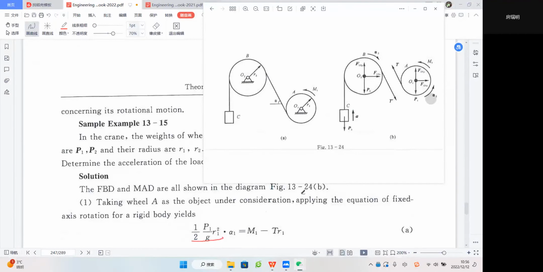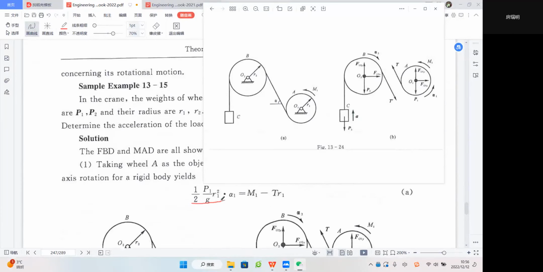Because we assume this alpha 1 is along the CCW direction, M1 will be positive, and this T has the opposite direction, T times R1 is another moment. So we have the first equation.